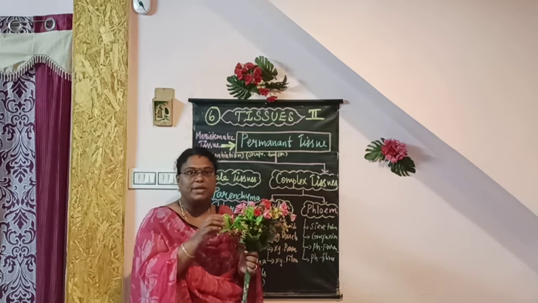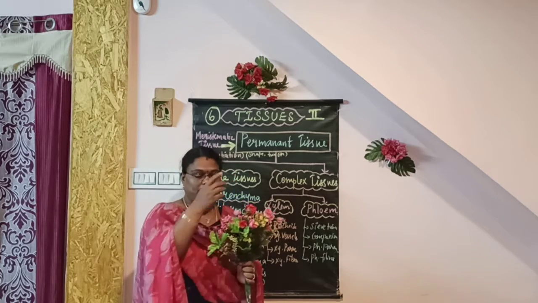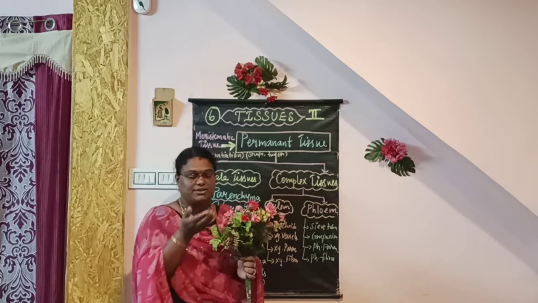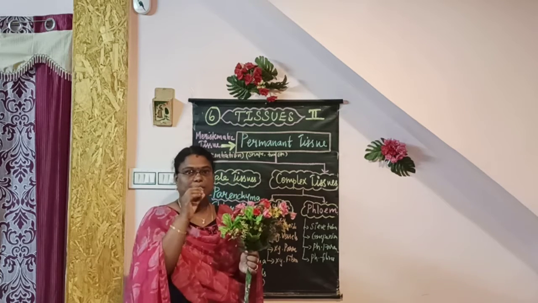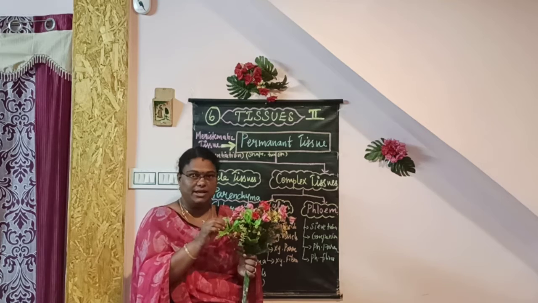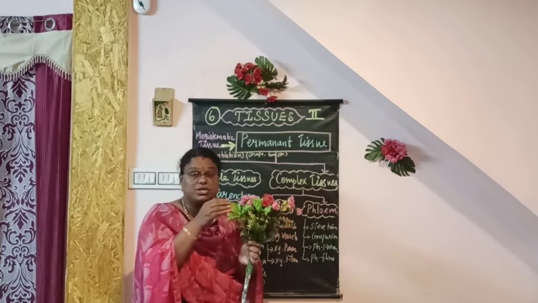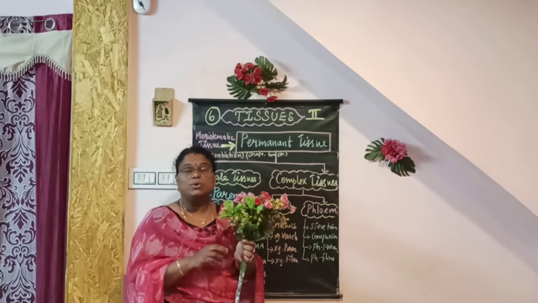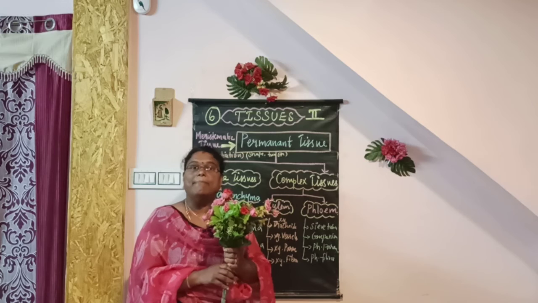So the food from the leaf is transported to the flower on the top, from downwards to upwards, and the food prepared by the leaf is transported to the root from upwards to downwards. So the direction of phloem is bidirectional.